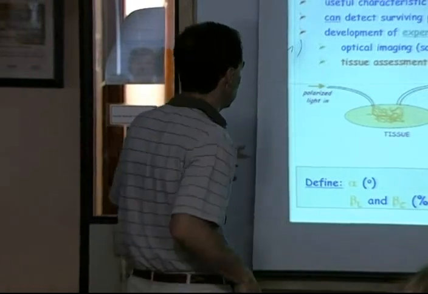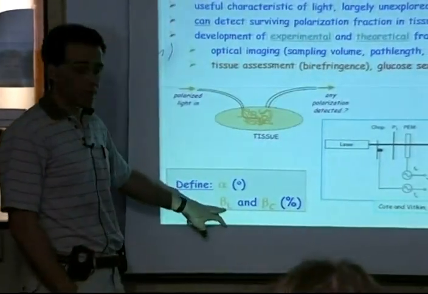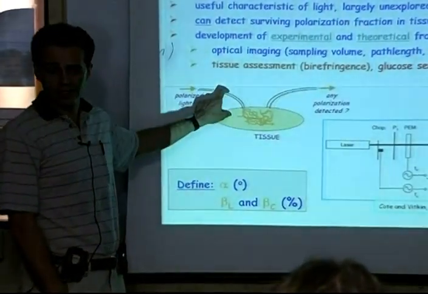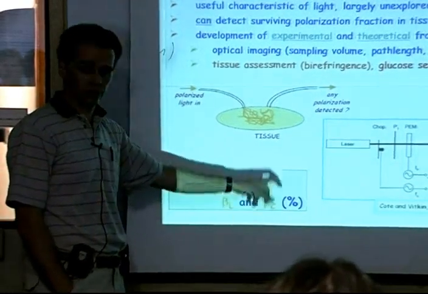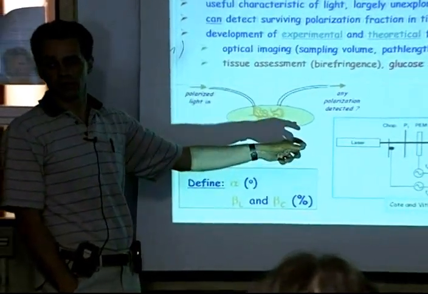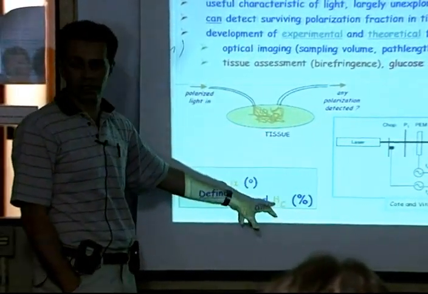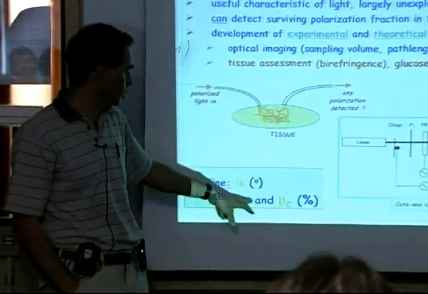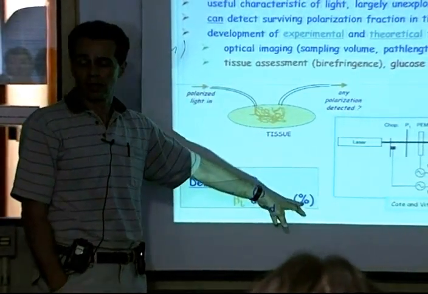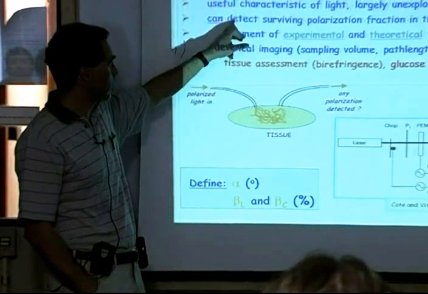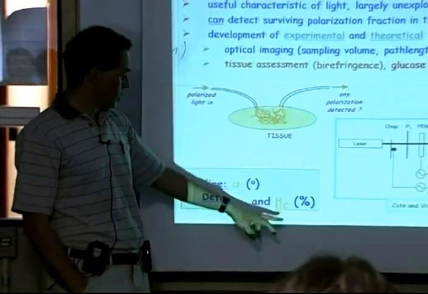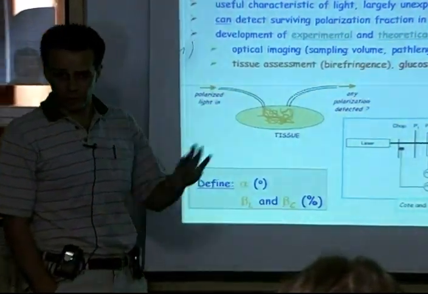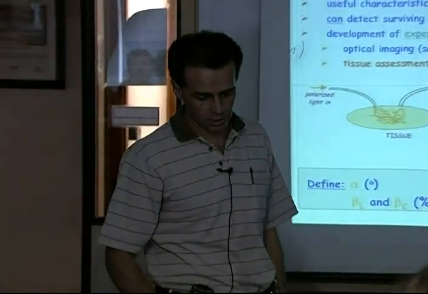So this would be basically the sum of the linear polarization divided by the intensity. And this would be the sum of the circular, that last element in the Stokes vector, divided by the intensity, and give you a percentage. So fully polarized light would be 100%, and fully depolarized light, the one with 1, 0, 0, 0, would be 0% for both of these. So we can quantify this retention of polarization.